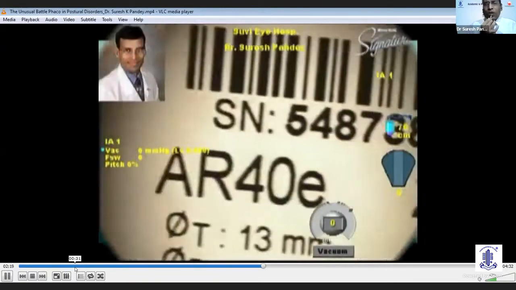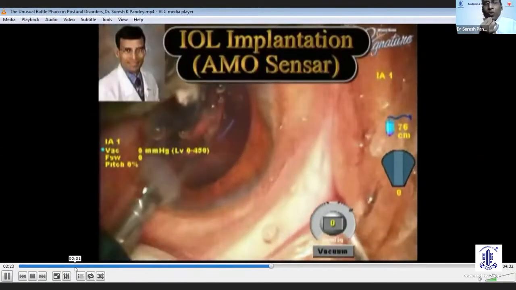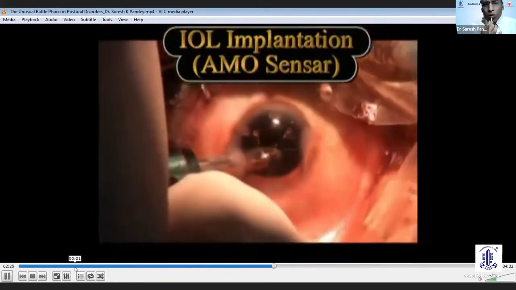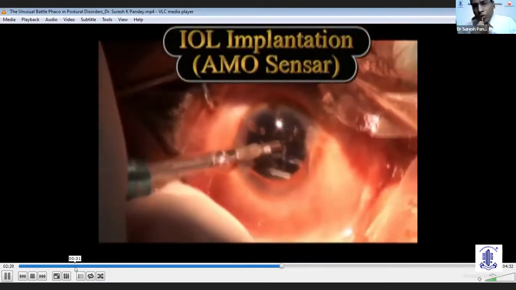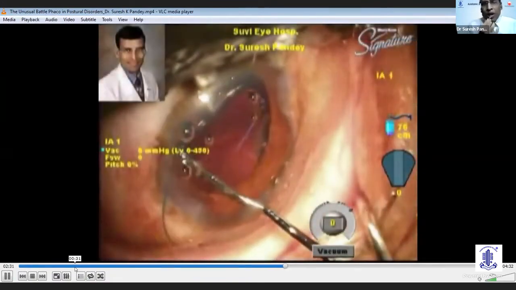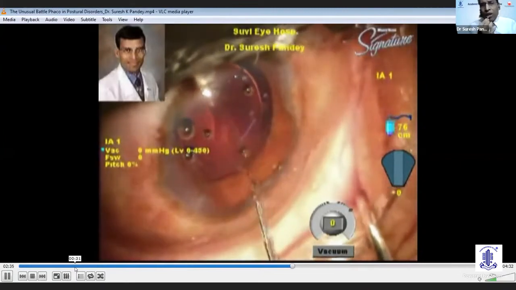They come to us and are unable to lie flat on the OT table. In these cases, it's important to do a mock drill and explain the possible complications to the patient.